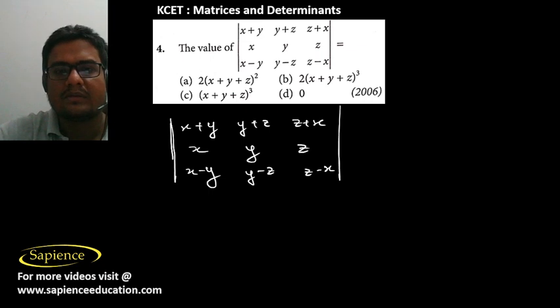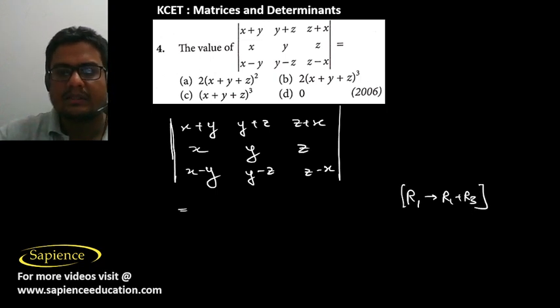So we have to find the determinant of this. So you can simply add the first row with the last row, that means we are doing R1 goes to R1 plus R3.